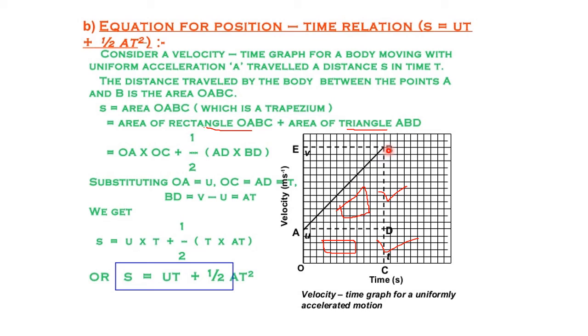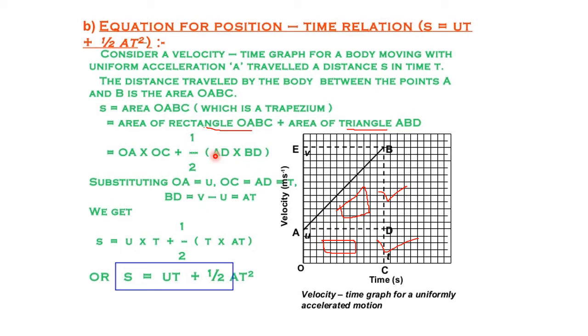BD is equals to V minus U, which is equals to AT. V minus U means this is the whole value of V, and when you subtract the U part, it is equals to AT. V minus U is AT. We have got this formula from the previous equation.